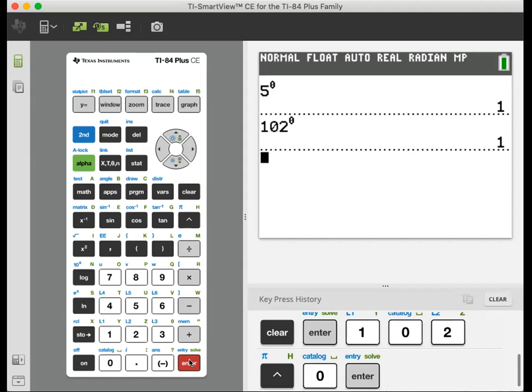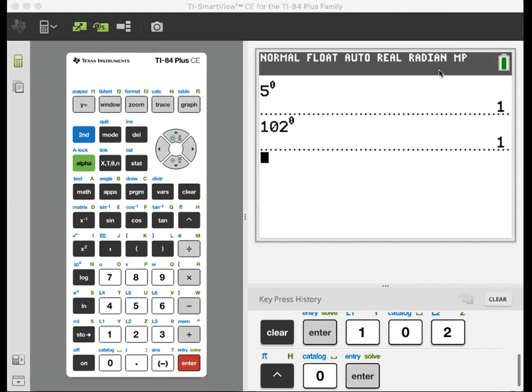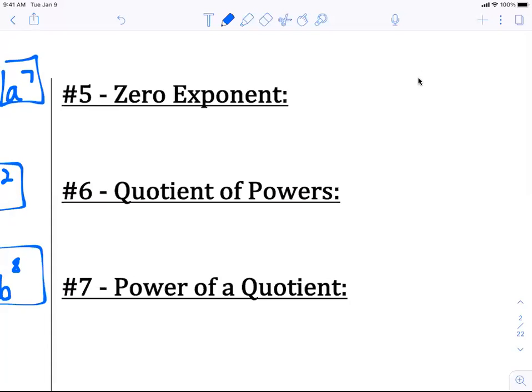Any number raised to the 0 power is always going to reduce to a value of 1. And that's true of any number that you would choose to raise to that power. So in exponent world, that just means if I take any number, let's use again base of a, and I raise it to the 0 power, the answer is always 1.